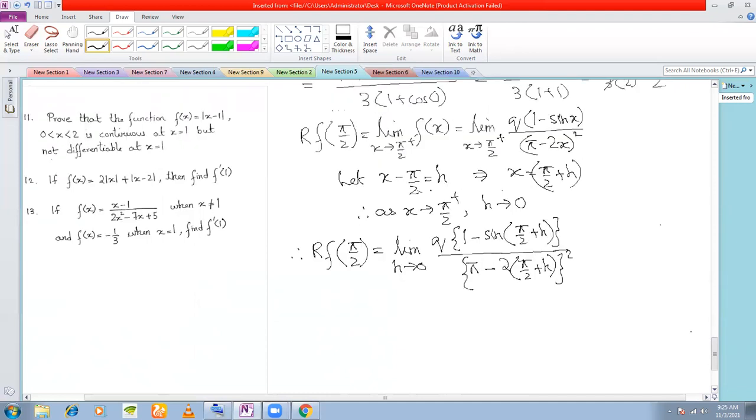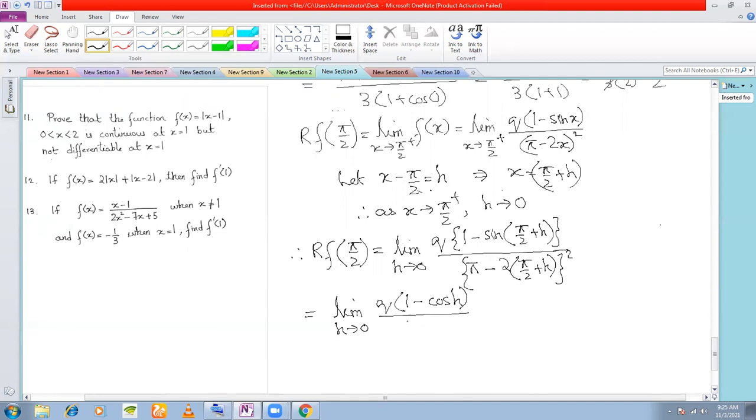which is equal to limit h tends to 0 of q times... Now, how much is sine of (pi by 2 plus h)? It is equal to cos h, right? It's in the second quadrant, so the sign is positive.